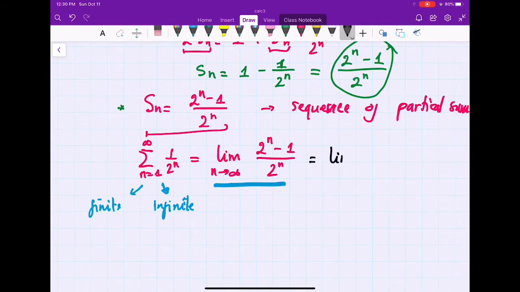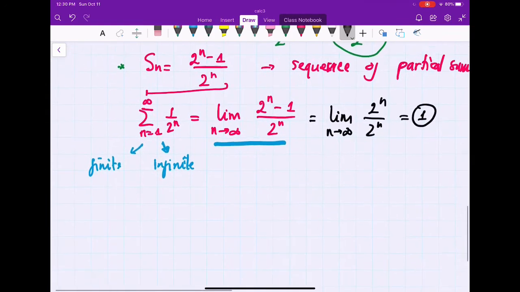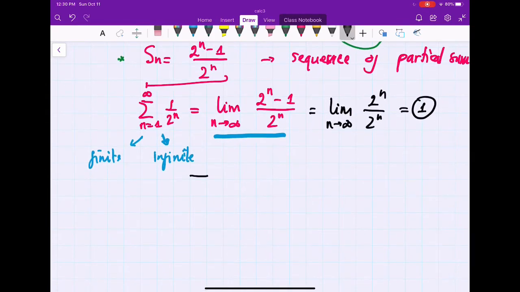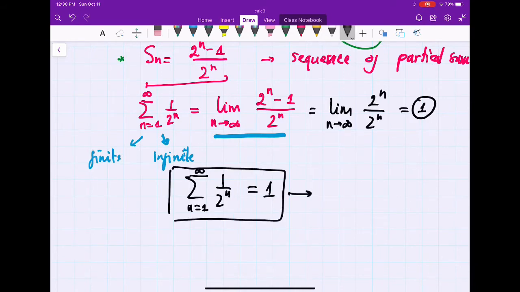So this limit is equal to the limit of 2 to the n over 2 to the n as n approaches infinity. So you have 1. That means the sum of 1 over 2 to the n from 1 to infinity is just 1. So that means our series converges and equals 1.